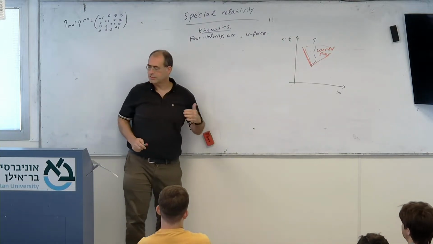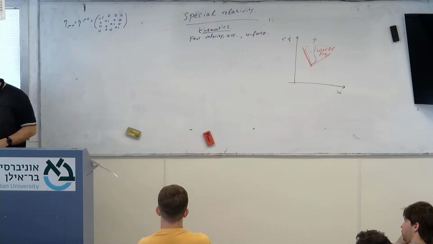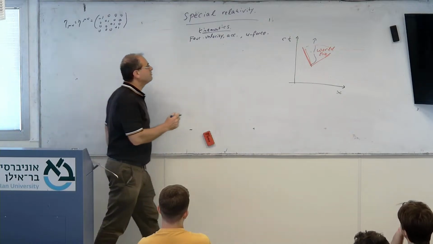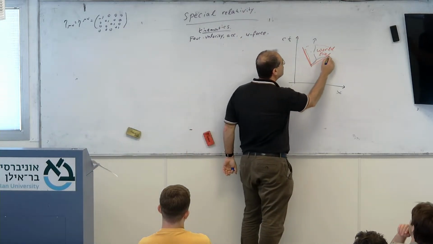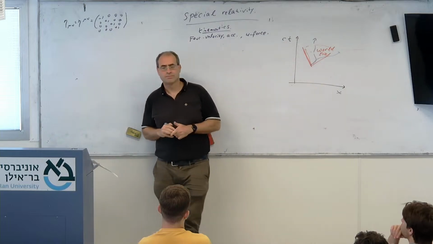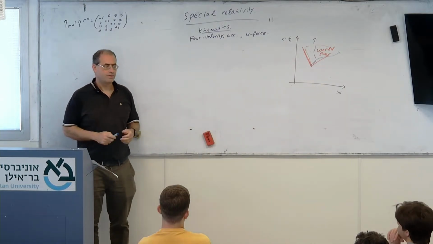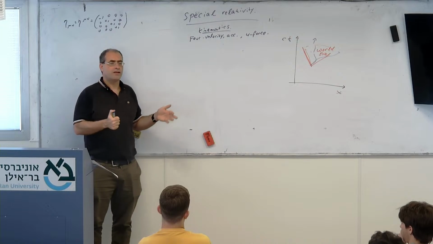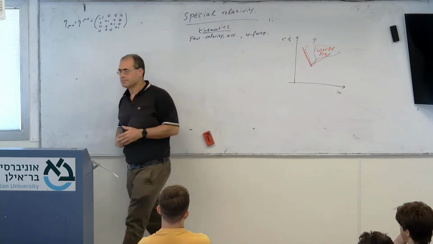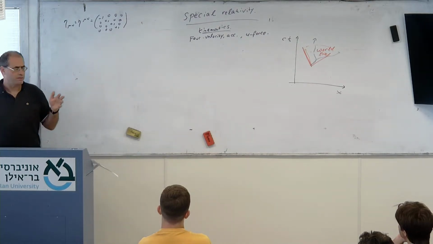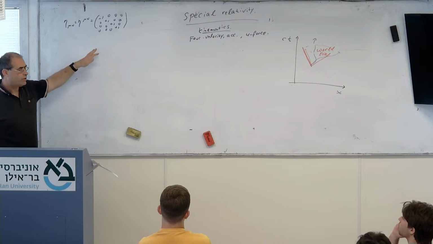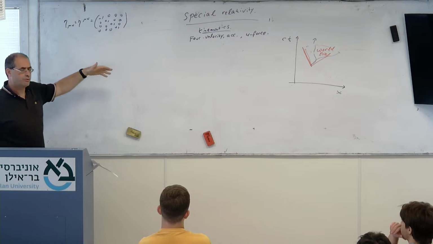If I want to cross this light cone, I need to travel faster than the speed of light. There are hypothetical particles that do it, but they've never been seen in the lab. That runs into various troubles, and this is one of the bases of quantum field theory, why this theory was developed to avoid these problems.